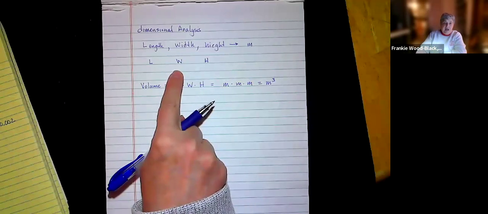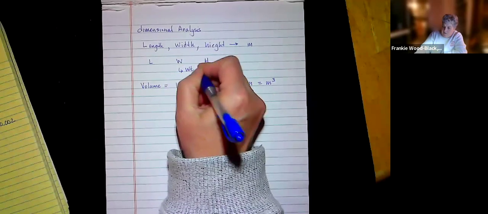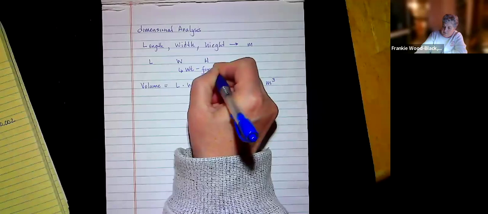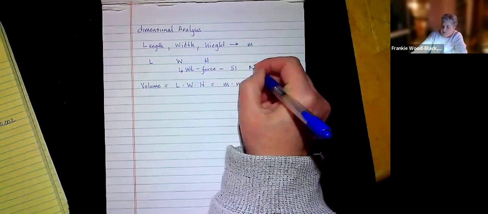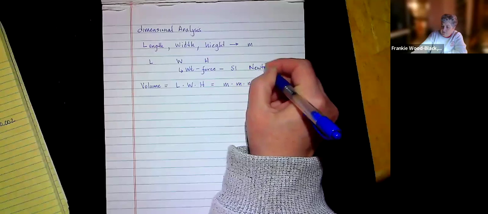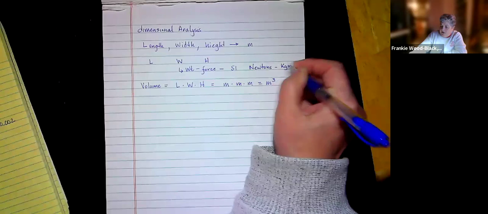Now, sometimes W is going to mean weight, and weight is a force. The SI units for force are going to be newtons. And 1 newton is a kilogram meter per second squared.